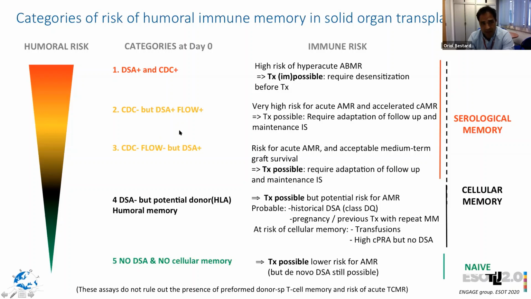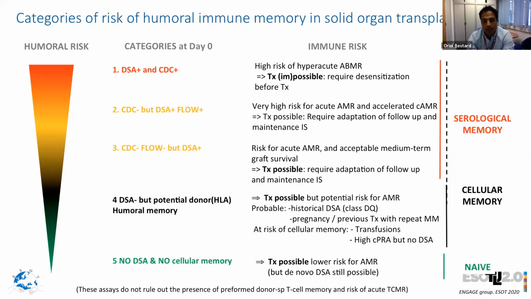Now we have a second high-risk group, those with a negative CDC, but still with a DSA by solid phase assay and a positive flow cytometry cross-match, who are still at high risk of acute AMR or accelerated chronic AMR. But transplant is perhaps possible and potentially applicable, although it requires adaptation, of course, and follow-up of maintenance immunosuppression.